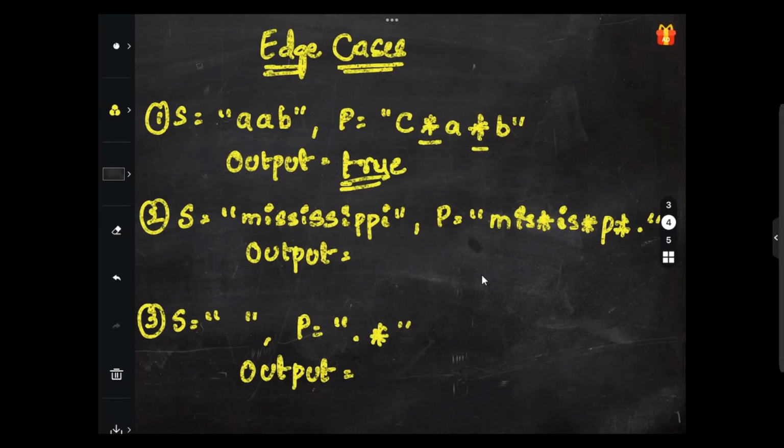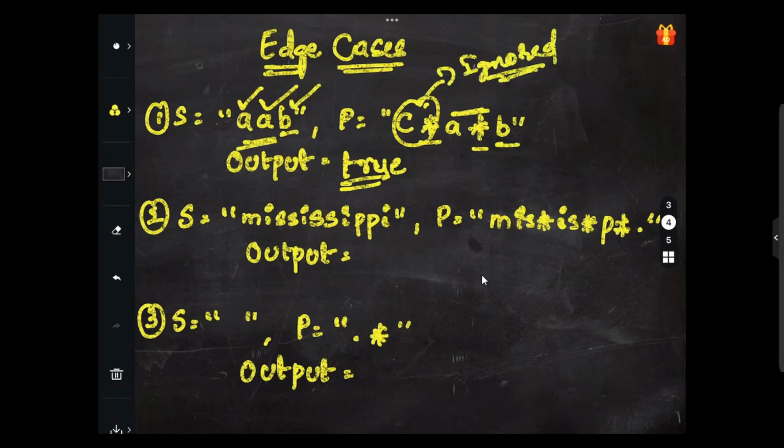C star is ignored. A star matches a a, and b matches b. So the output will be true.